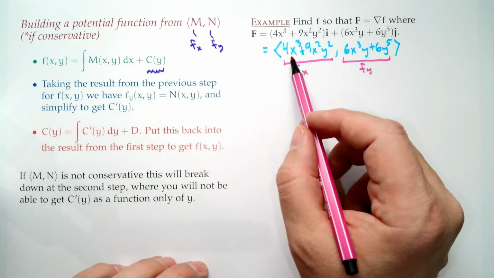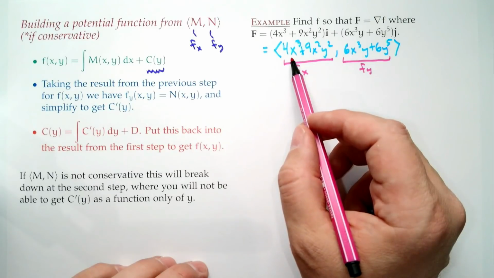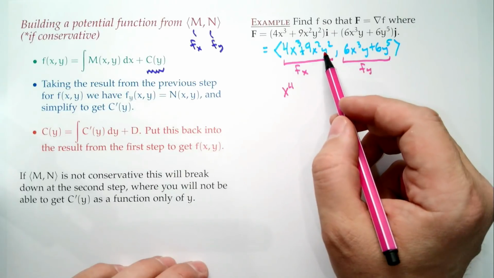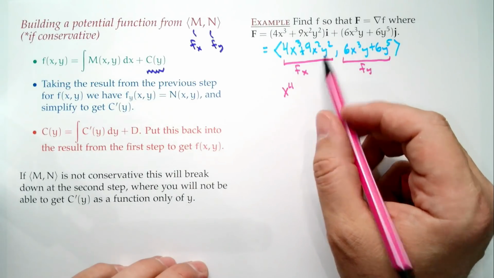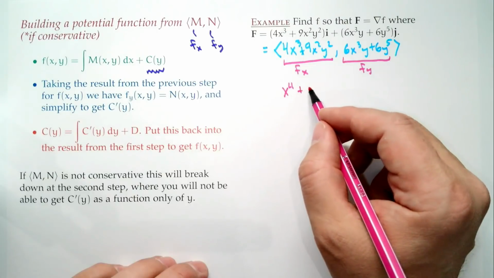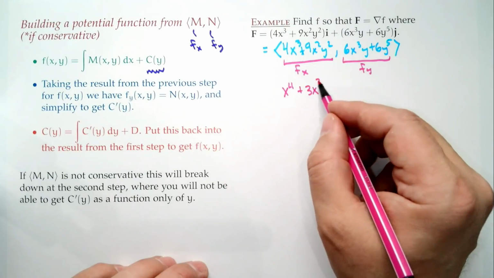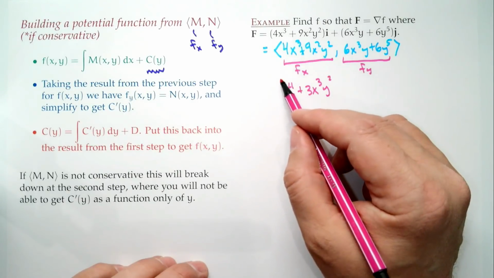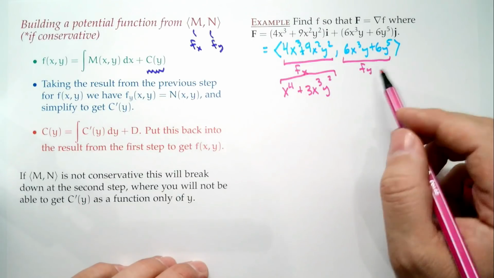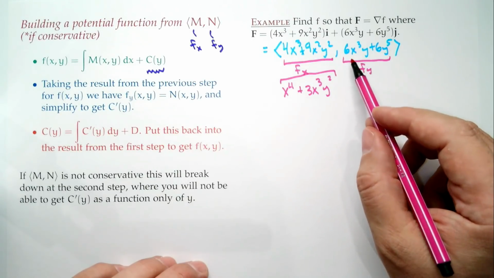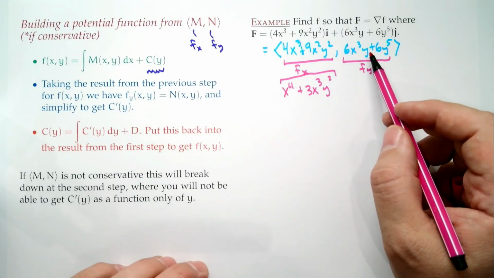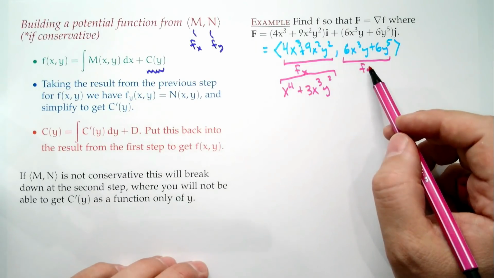The integral of 4x cubed with respect to x is x to the 4th. The integral of 9x squared y squared with respect to x should be 3x cubed y squared. Okay, now that's just in the first slot. That's what has to be there. Now go to the second slot and do the same thing. What's the integral of 6x cubed y with respect to y? Because now I'm in the f sub y slot.